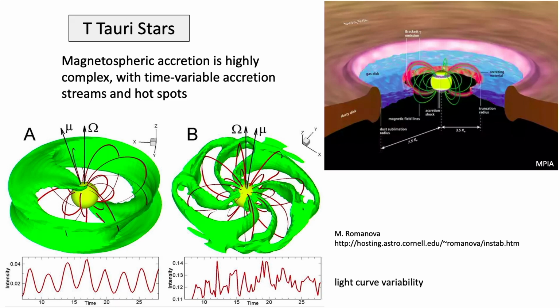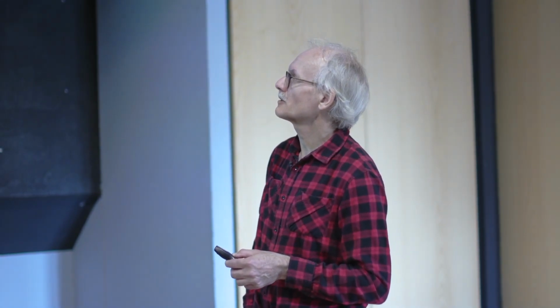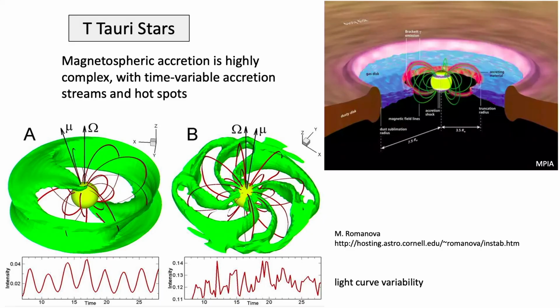It depends on the parameters like magnetic field, rotation rate and whatnot, and so you see different possibilities here. These accretion streams produce hotspots on the surface, and as I said, there's a lot of ultraviolet coming from those sources. Again, here in an artist's view, the disk, the magnetic fields at the inner border and the star.